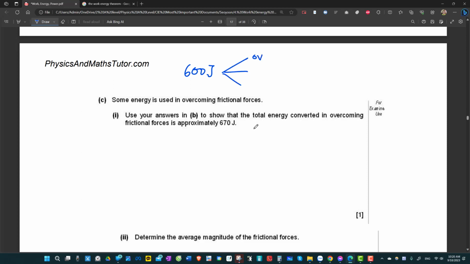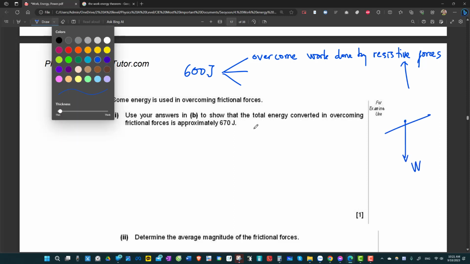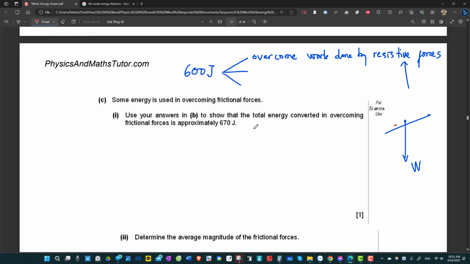Firstly, to overcome the work done by resistive forces. And these resistive forces are two forces. Firstly, we have this weight W, and it has a component, which is the red component here that I'm drawing, W1. This is one component of the resistive forces.